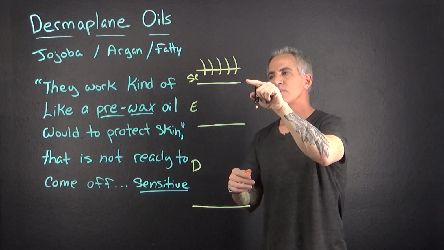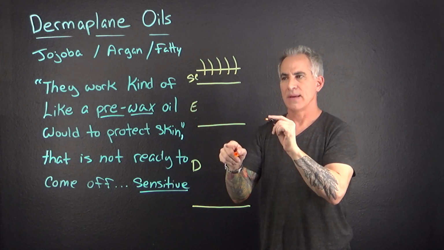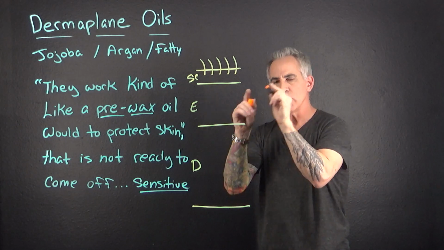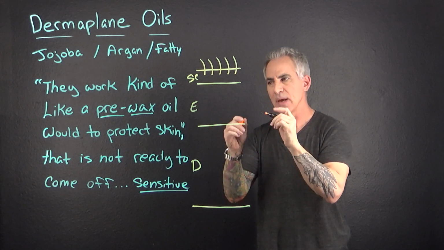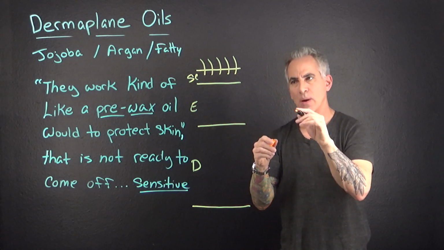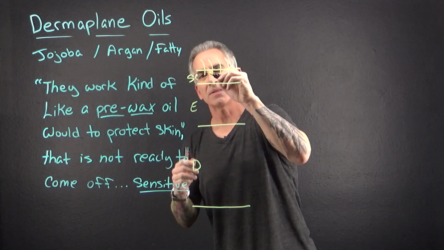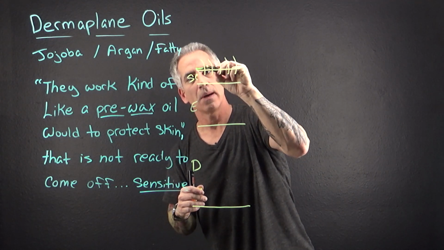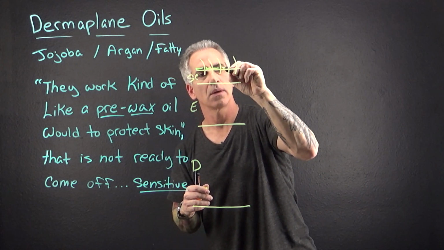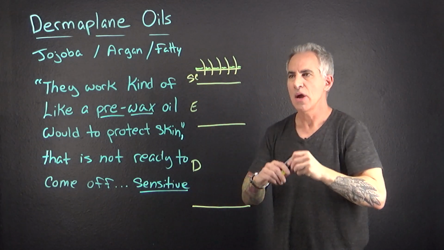All right. So when you are waxing the skin and you only want to pull the hairs, obviously, you are going to put down an oil or a talc powder. And what that's going to do is create a barrier on top of the skin.